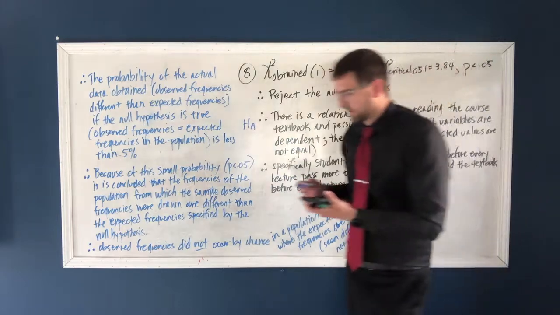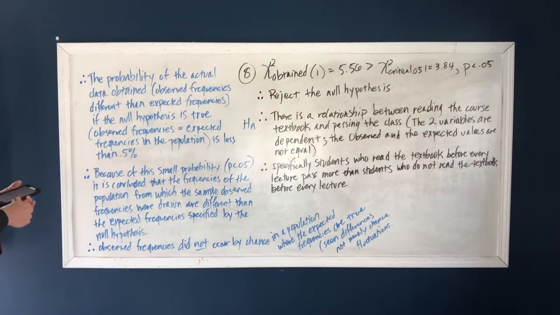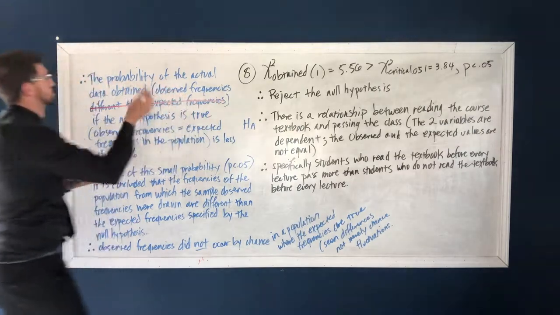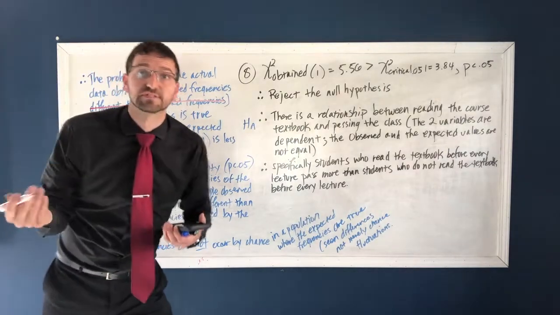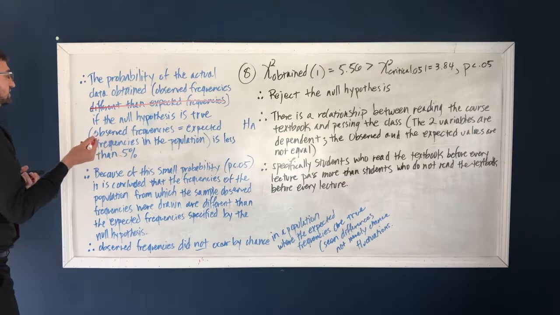Okay. You know, I think I want to write this a different way that makes more sense. So the probability of the actual data obtained, okay, would be the observed frequencies. That's the actual data obtained.